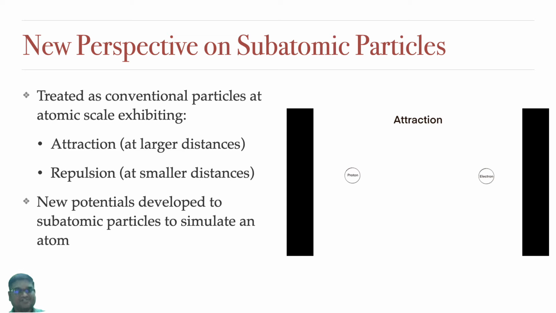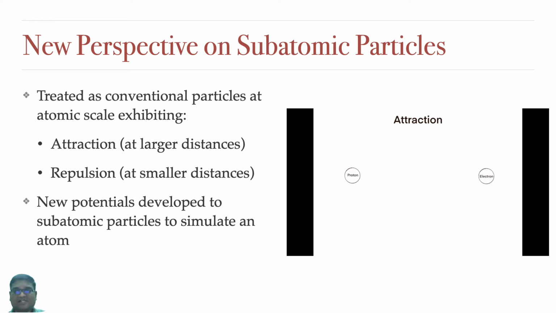At very large distances, they have an attractive nature for an electron and proton. When they come close together, they have a repulsive nature. I'm talking about within the atom, at atomic scale. And when they come very close, they have a repulsive nature.